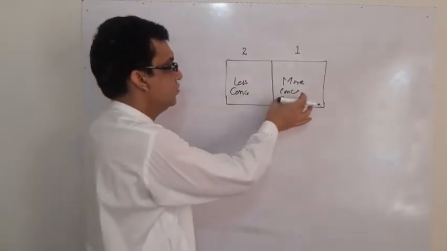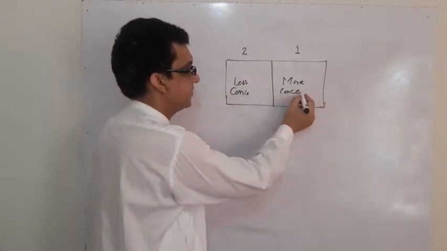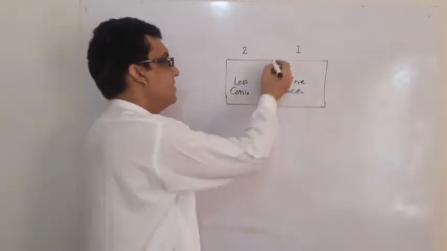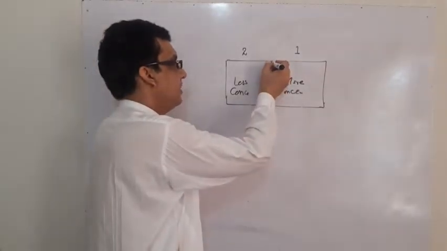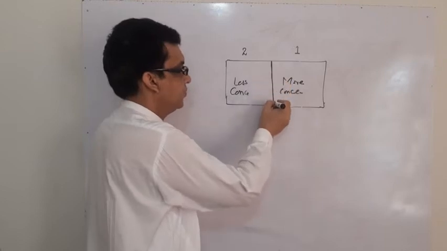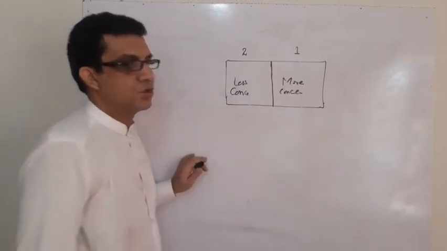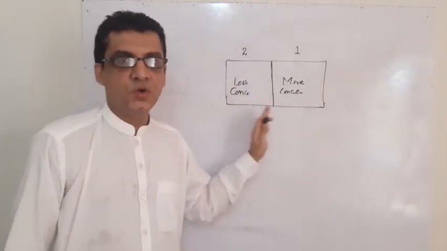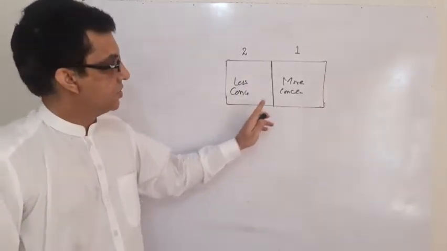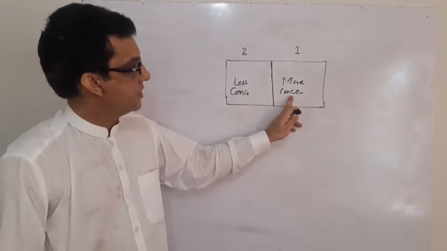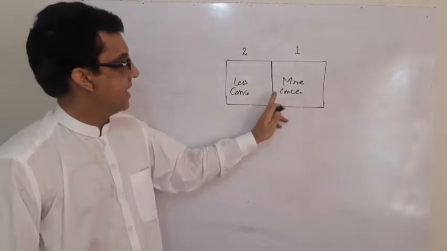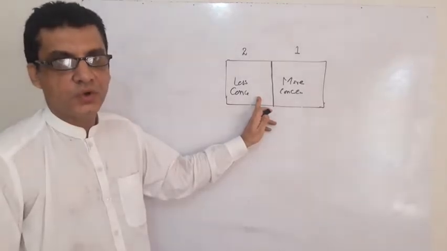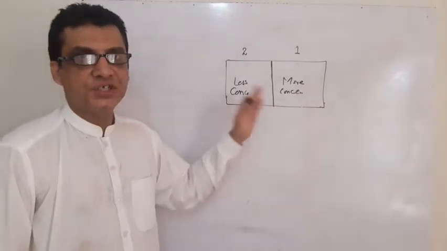So this solution is more concentrated as compared to this one. If there is a semi-permeable membrane between these two solutions, water will move from high water concentration toward lower. So here the water is less and here the water is more. That is about concentration of solution.